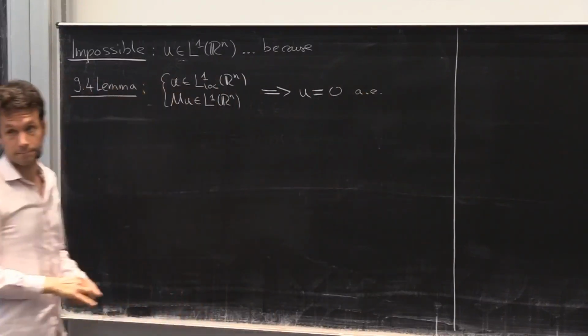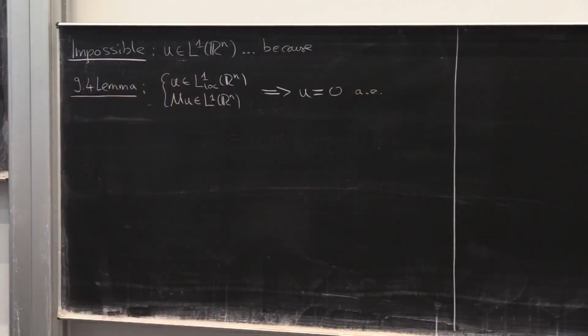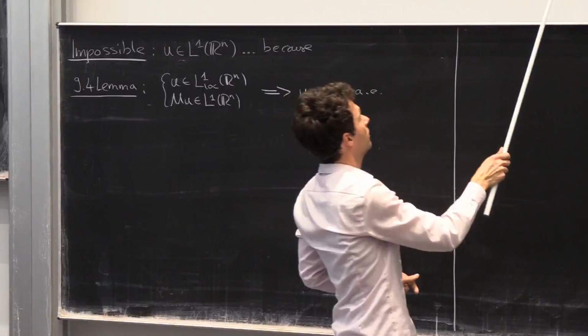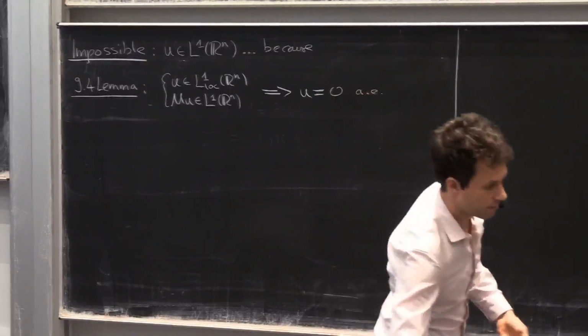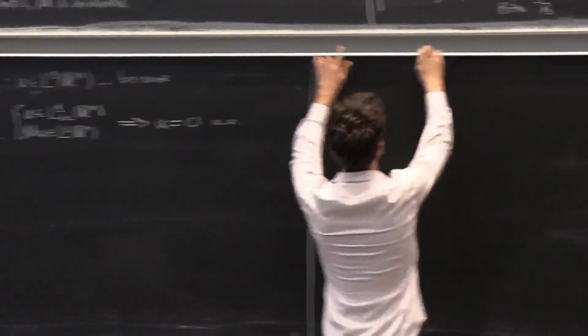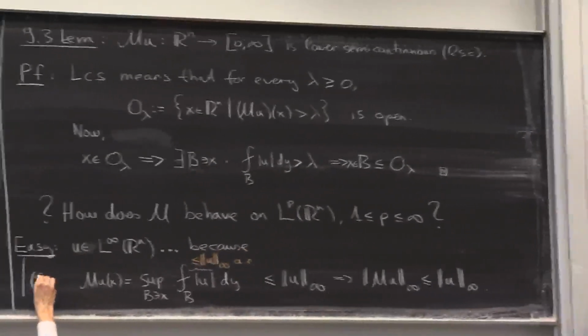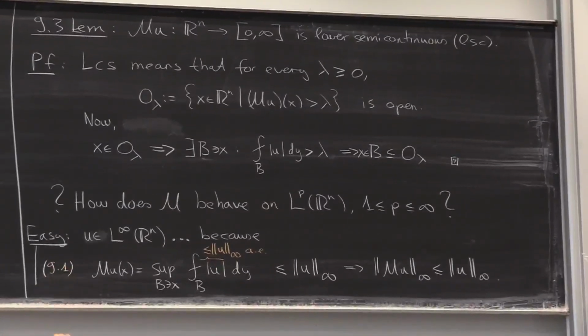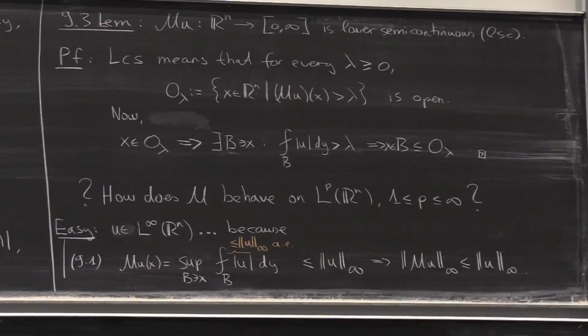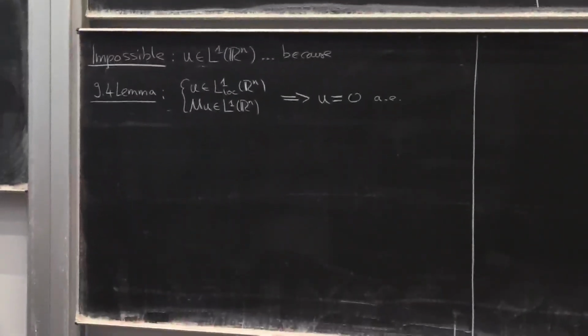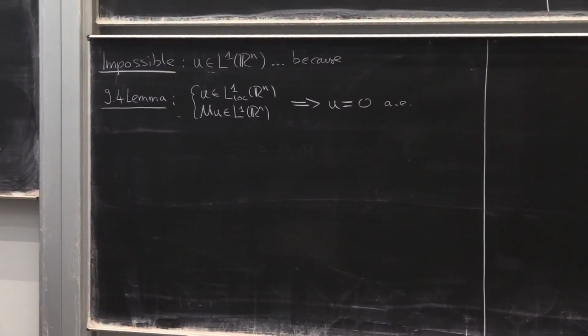Okay, so in particular, except for the trivial zero functions, there is no function in L1 for which the maximal operator maps into L1. Now, because I'm going to need that a bunch of times, let me call this fact 9.1. So that's surprising, right? Probably not what you've been expecting.